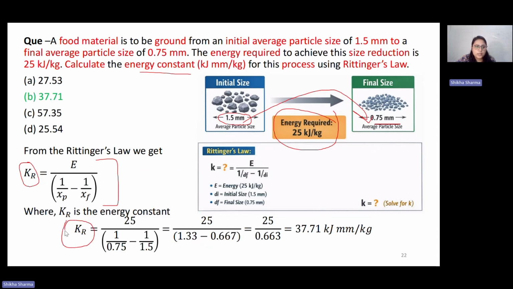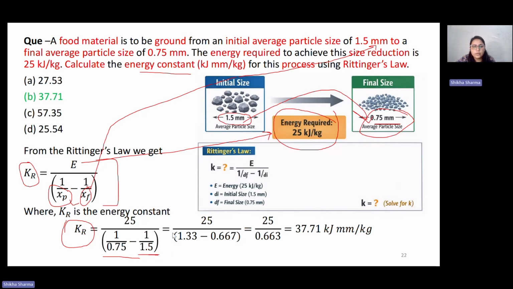So Kr, the energy constant we need to calculate, is equal to E, which is given as 25, the energy required to reduce the particle size, divided by 1 upon Xp. Xp means the final particle size in the product, which is 0.75 mm. So 1 upon 0.75 minus 1 upon Xf, where Xf is the initial size of the particle, which is 1.5 mm. So 1 upon 1.5.